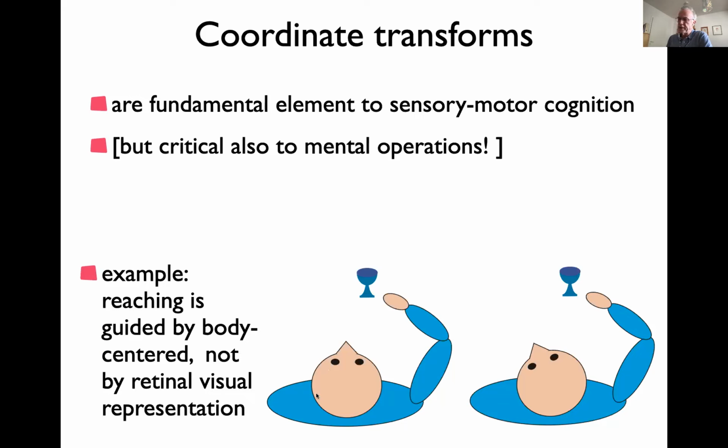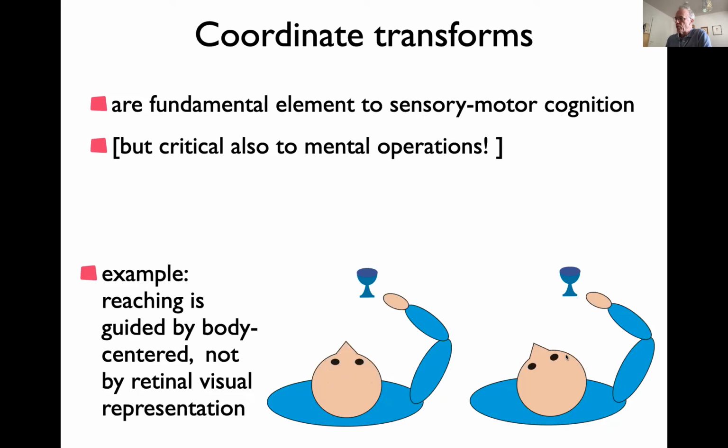In sensory motor, it's perhaps clear that it plays a role because the coordinates in which you perceive don't necessarily match the coordinates in which you act. For instance, if you're looking at this cup, it's in certain coordinates for your visual system, but your hand is anchored to your body, and so your hand needs to reach to that based on where your shoulder is, let's say, or where your body is.